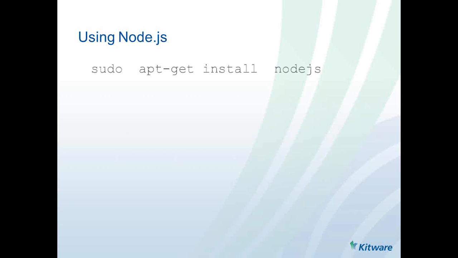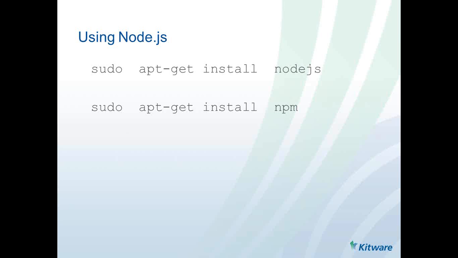So how do you do that with Node.js? Of course, you have to start by installing it. The installation process is identical to what you would do on a Linux machine. So I call apt-get, and nodejs is the name of the application. You also need NPM. NPM is the package manager for Node.js, the same way that you have package managers for Python and other applications, things like Ruby, for example.